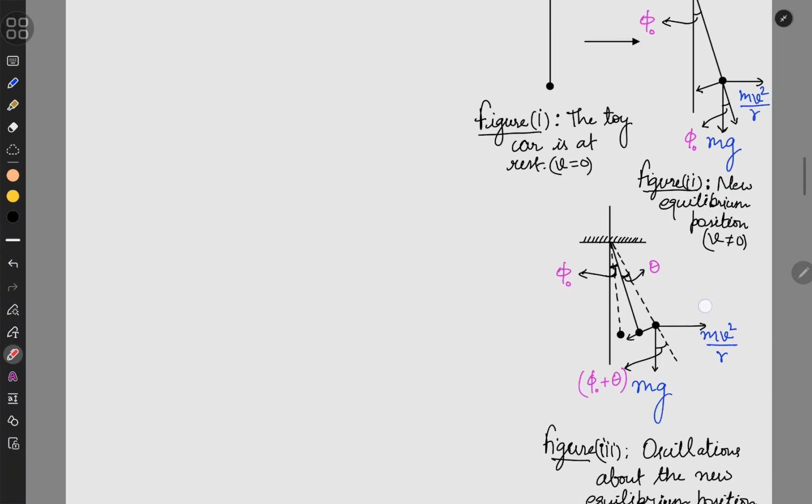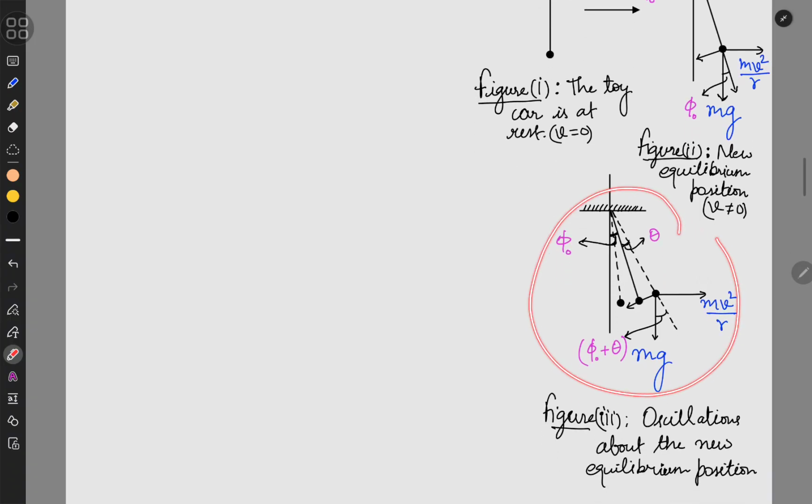As you can see in this figure, phi naught is the new equilibrium position, and about it the pendulum is oscillating with a very small angle theta. We always have to remember that this is for very small angles.